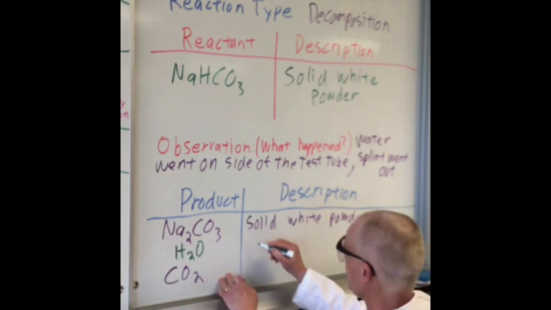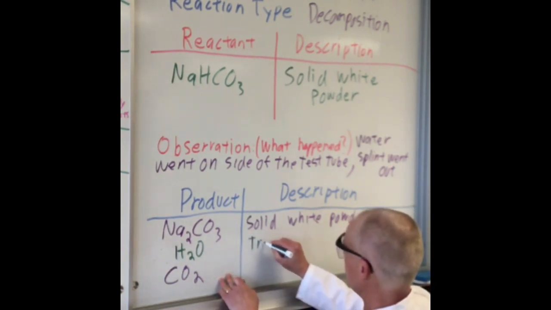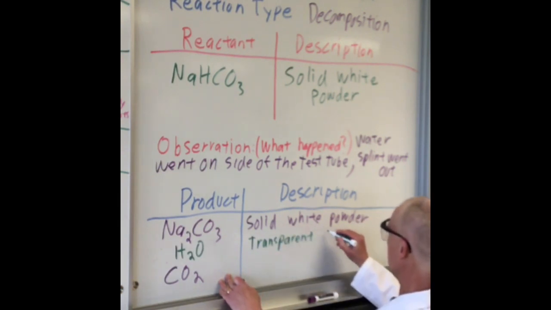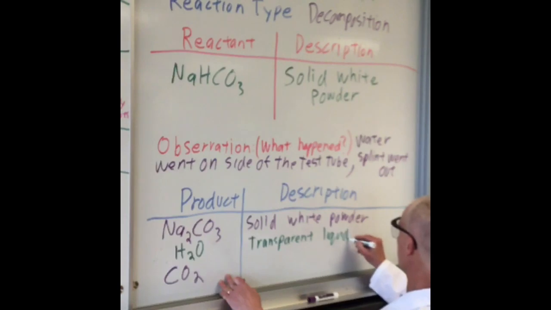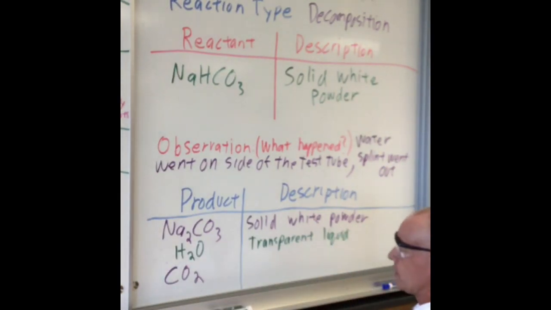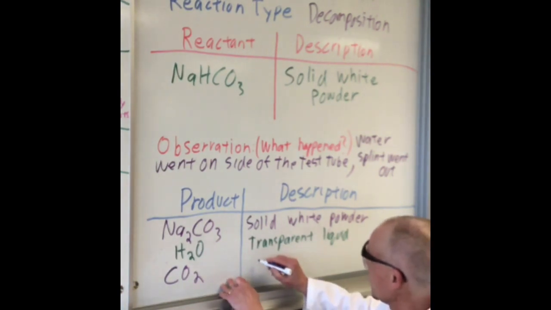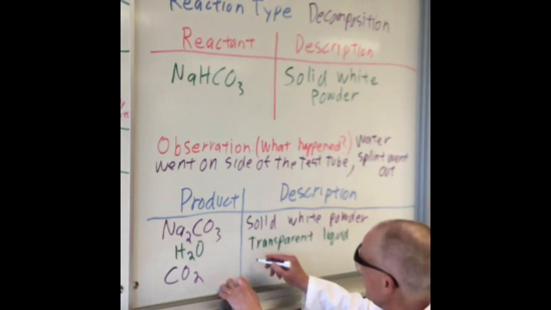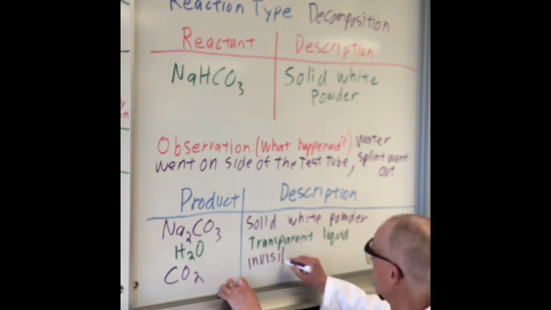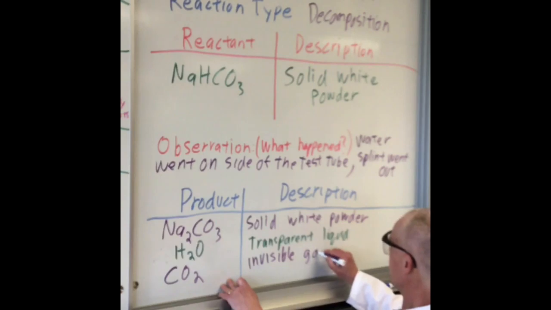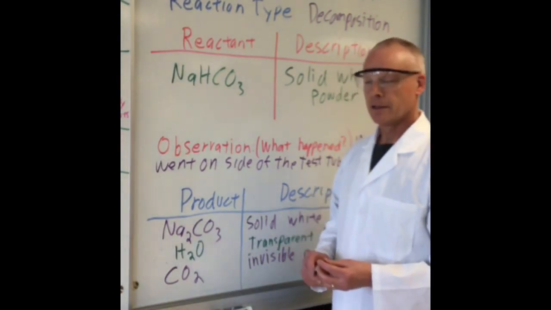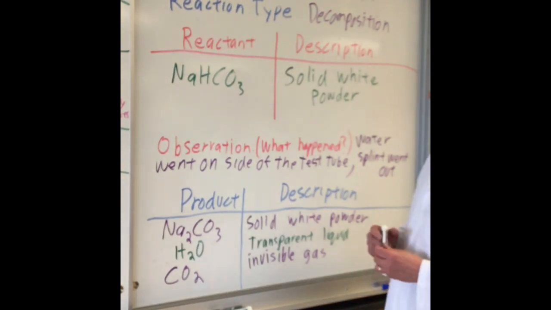Water, transparent liquid. So we have a transparent liquid for water. And carbon dioxide, we could not see it, so we can just say invisible gas. So we have an invisible gas for our CO2.